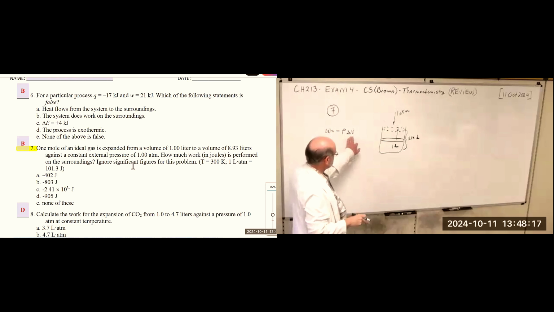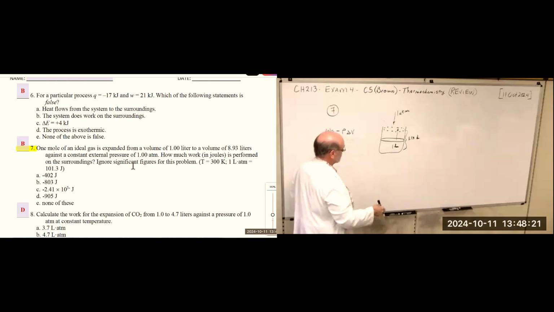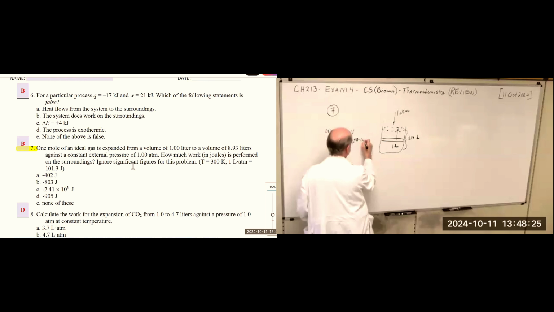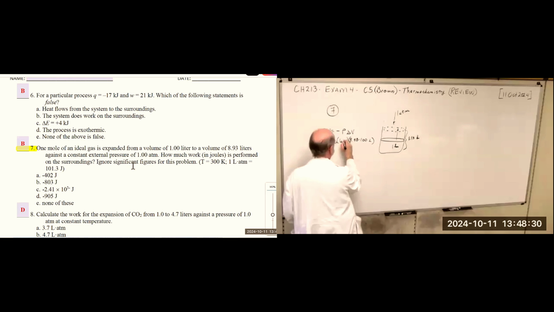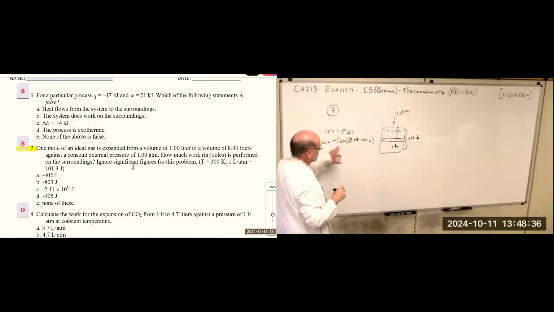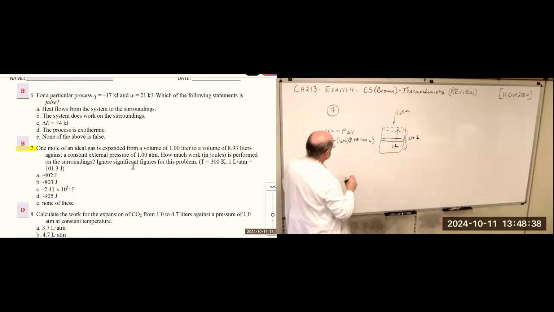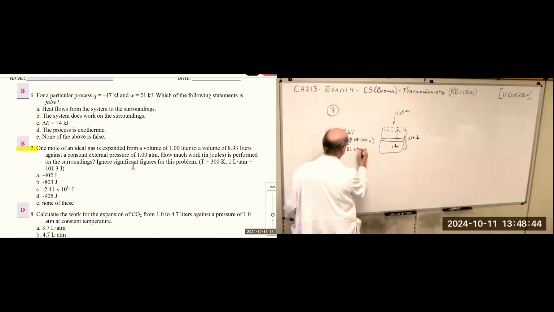So when we see a delta, that's final minus initial. So the final is 8.93 minus initial, right? And the pressure is 1 atmosphere, and we have the negative sign there. So this is in units of liter atmospheres, which would be 7.93 minus 7.93 liter atmospheres.